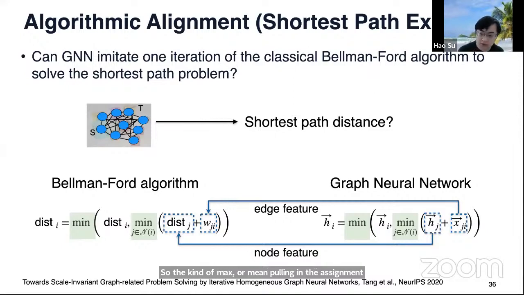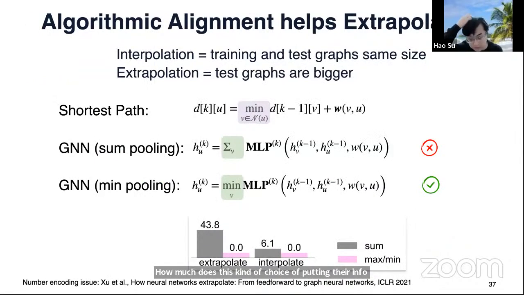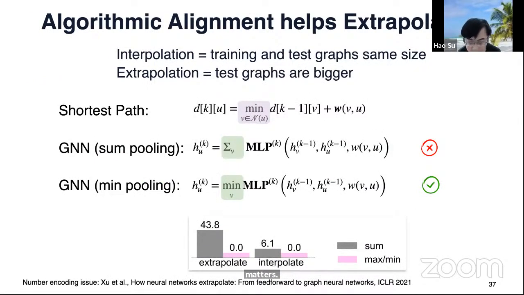How much does this choice of pooling layer matter? This is the analysis from an ICLR paper this year. We can try to build a graph neural network by replacing the pooling with min pooling or sum pooling.